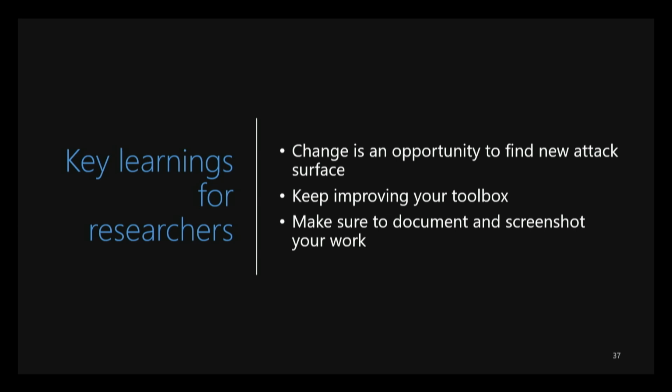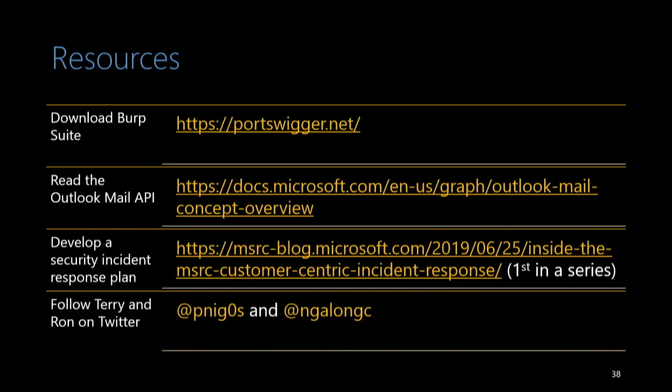The reason for researchers to always screenshot and document your findings is that in this way, you can learn from the past, and also keep evidence of your work for future use. You don't know when you will need it. So this is my final tip: make sure to document and screenshot your work. Thank you.